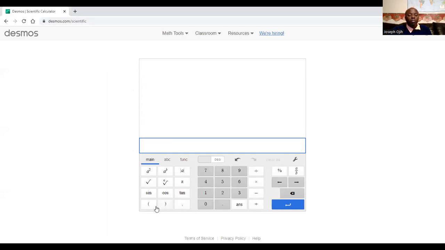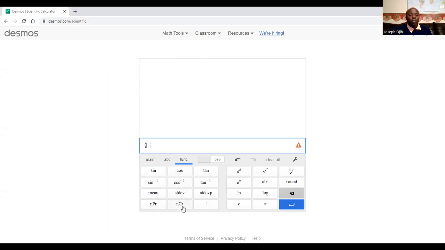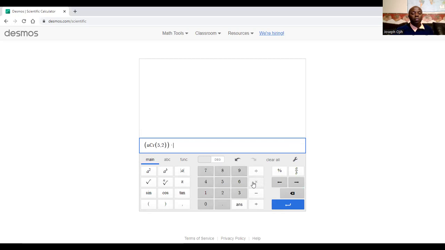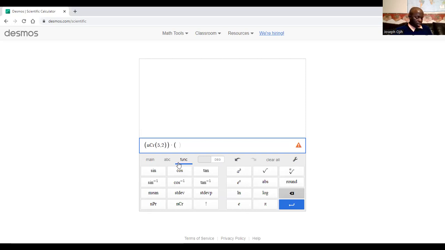Clear. Parentheses, nCr 5, 2, close it, and then times, 7, 3.